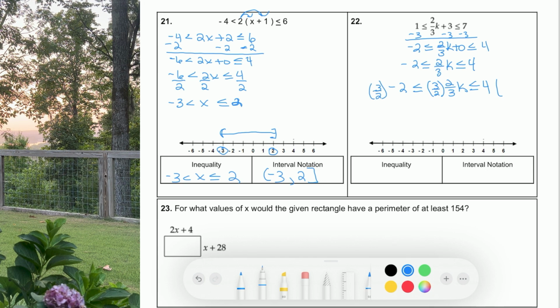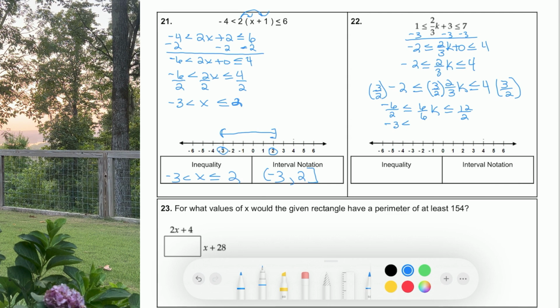So I'm going to add the 3/2 being multiplied here as well. 3 times negative 2 is a negative 6, and then we have that over the 2, which is less than or equal to 6/6 k, which is less than or equal to 4 times 3 is 12 over 2.